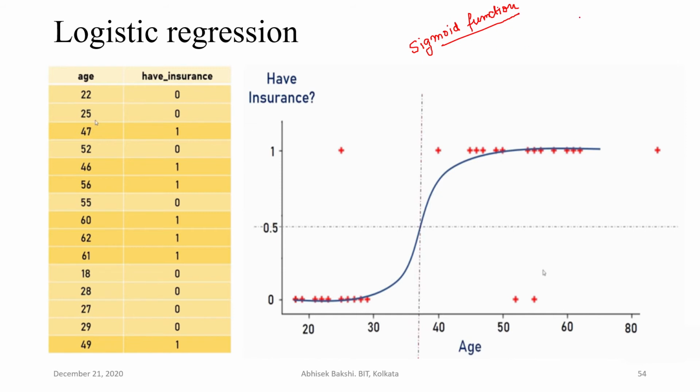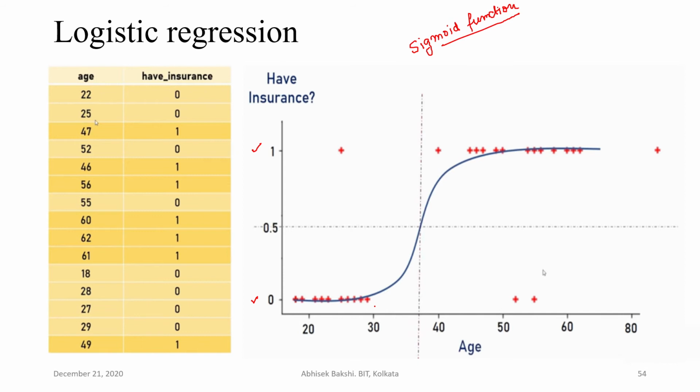But one thing is very important here: although the name is regression, logistic regression is actually used for classification problems, because we have either 1 or 0, there are no intermediate values present, right? So logistic regression is used for a classification problem. Although the name is regression, it is not a regression problem.